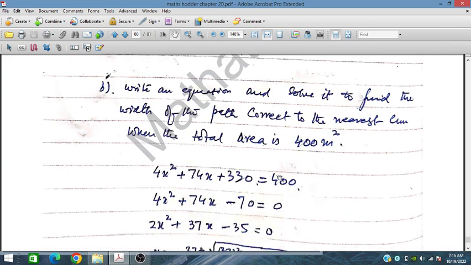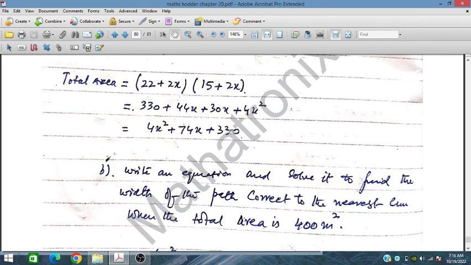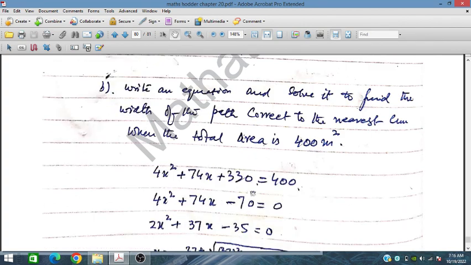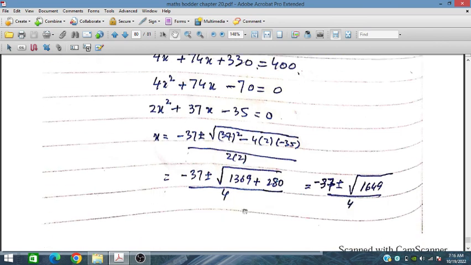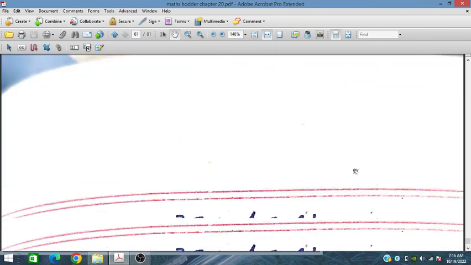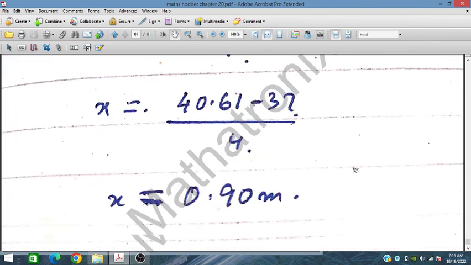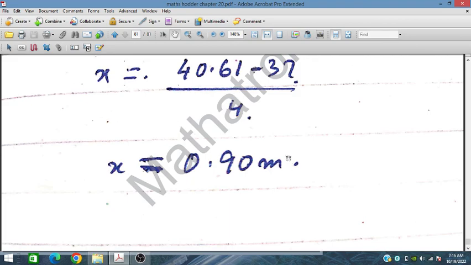So this is 400 meters. This area equal to 400 meters square is given in part B. So solve it and we will get this. So we have this quadratic equation and we can solve it. X equals this. So this solution is 0.9 meters.